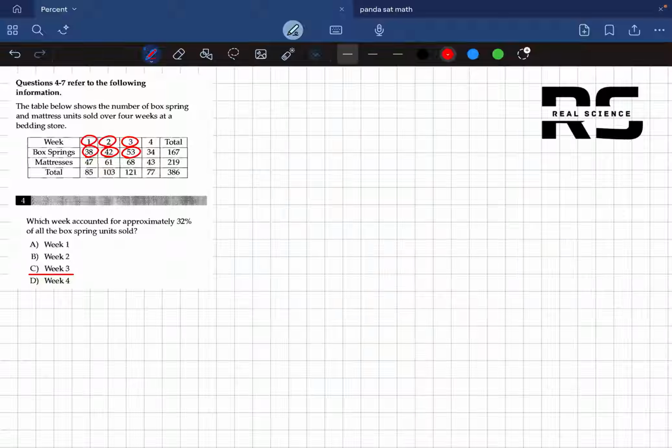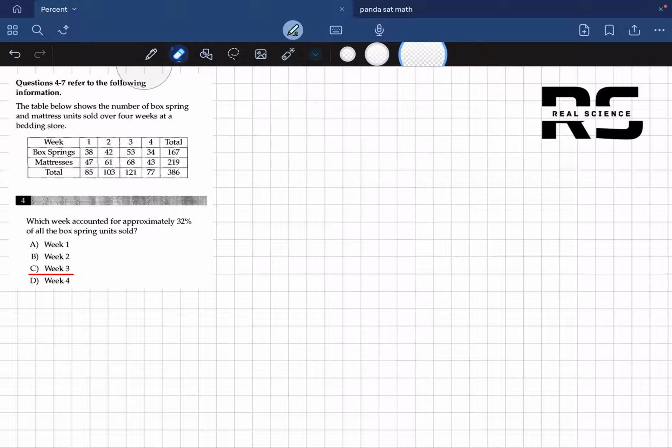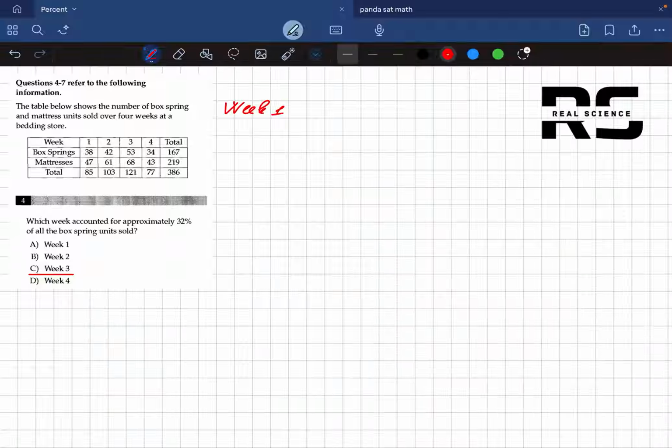Third 53, and so on. So if we want to calculate, let's say for week 1, let's just divide 38 by 167 and multiply that by 100 to understand what percentage the first week accounts for of all the box spring units sold.